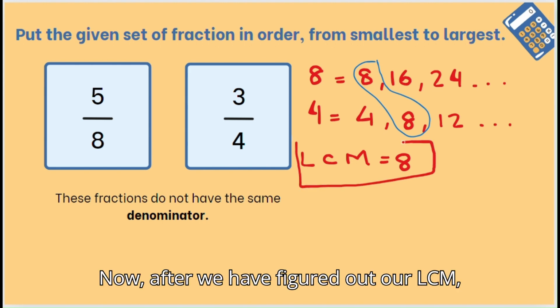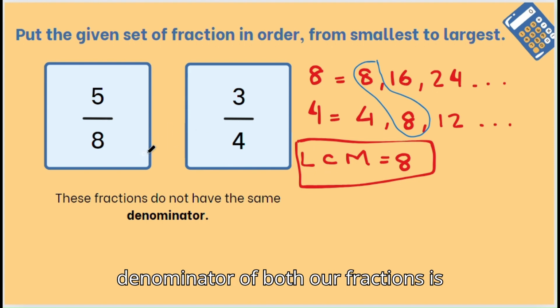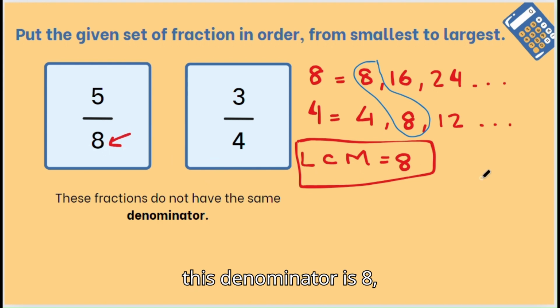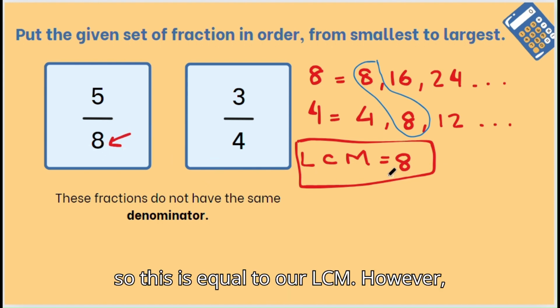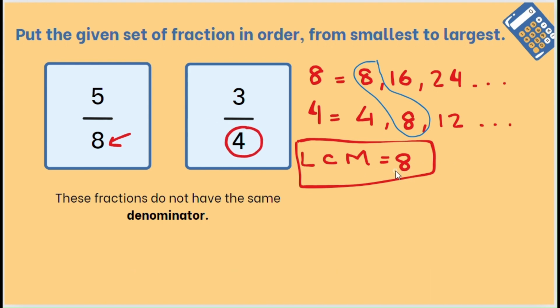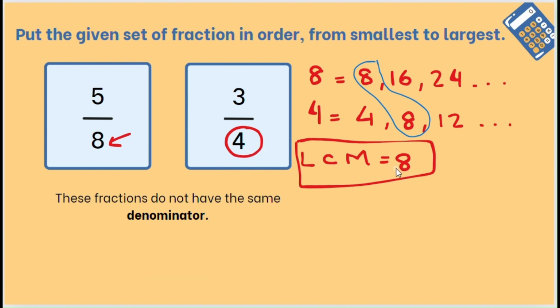Now after we have figured out the LCM, we have to see whether the denominator of both our fractions is equal to our LCM. You can see that this denominator is 8, so this is equal to our LCM. However, this 4 is obviously not equal to 8. So what we have to do now is convert this 4 into 8.